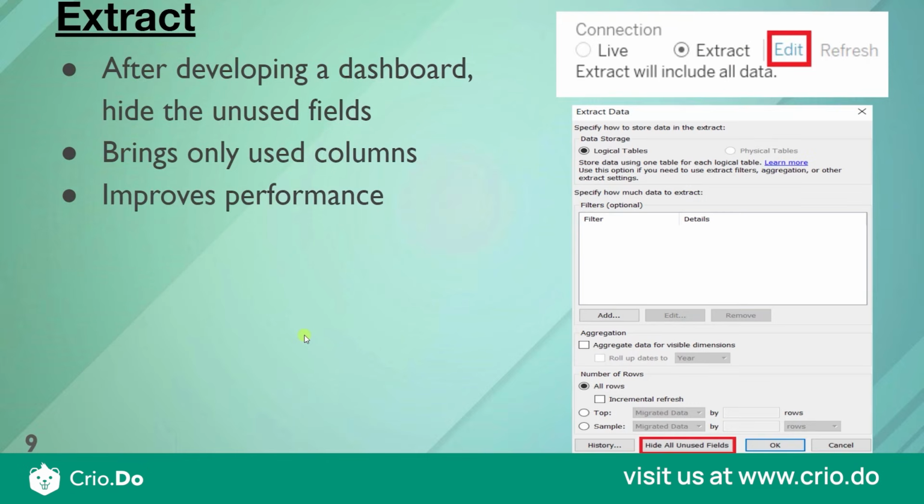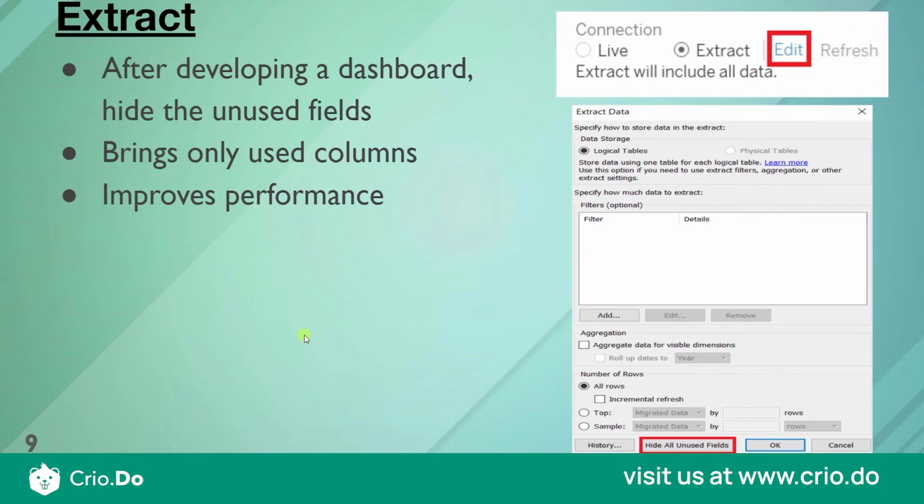The next topic is based on the option we have in extracts. Whenever you click on the edit option, there will be a pop-up box to select some different options for the extract. You will get this option to hide all unused fields. While extracting, this hides all your fields which are not in use.